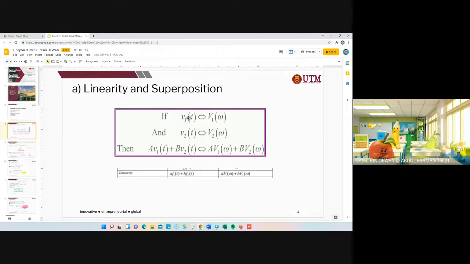So if v1 is v1 in the frequency domain and v2 is v2 in the frequency domain, then if it's linear and superposition, a v1 plus b v2 in the time domain will also cause a V1 and b V2 in the frequency domain. The same amplitude scaling also occurs in the frequency domain, and if it's linear, it undergoes similar changes.